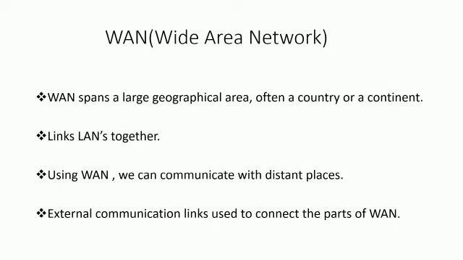External communication links such as satellite, microwave, telecommunication links, and optical fibers are used to connect parts of a WAN. Not only this, dedicated transoceanic cables or satellite uplinks may also be used to connect this type of global network. Using WAN, we can communicate with a place like Canada, Australia, or America in a matter of seconds without paying enormous phone bills.